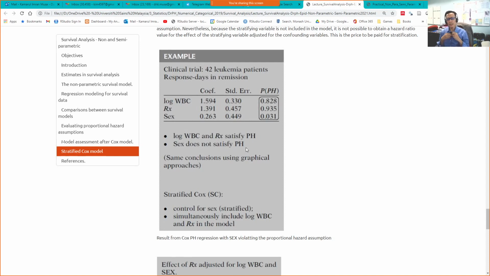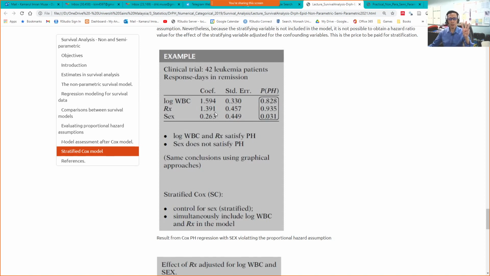Note of the survival. In the model with log white blood cell, treatment, and sex, three covariates, we got the coefficient, which is the log hazard, and this is the p-value for the proportional hazard.